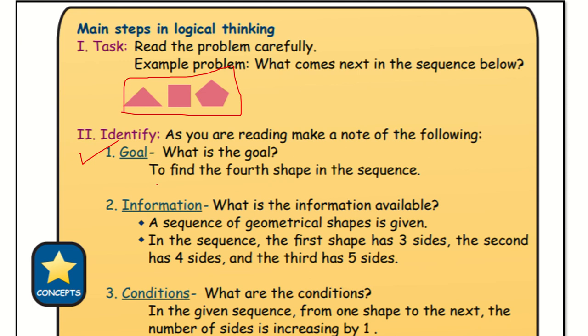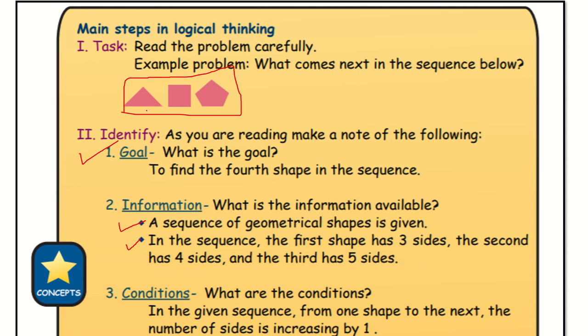Next is the information. What information is available here? That there is a sequence of geometrical shapes. In the sequence, the first shape has three sides, the second shape has four sides, and the third shape has five sides. Conditions are very clear here.